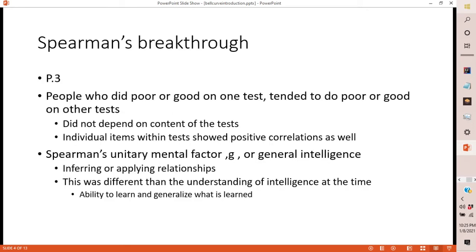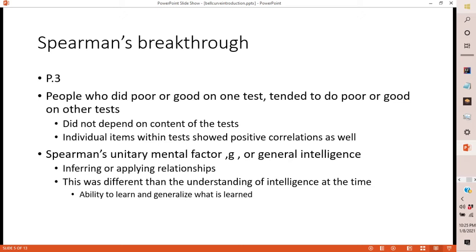So, Spearman's Breakthrough, page 3. Spearman discovered something by way of probably administering lots and lots of tests, repeating studies, which is what I believe the scientific method is all about. You make a hypothesis, you test it. You're supposed to repeat it to verify it, to see if there's a consistency of results.